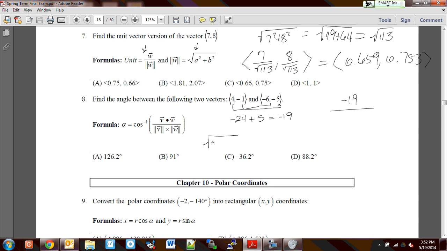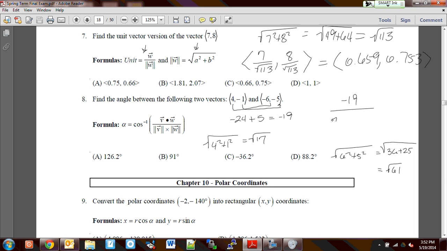So this one is going to be 4 squared plus 1 squared, which is going to be the square root of 17. This one here is going to be 6 squared plus 5 squared, which is 36 plus 25, which is the square root of 61.